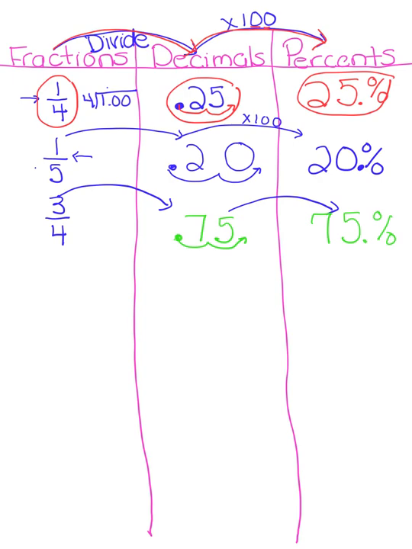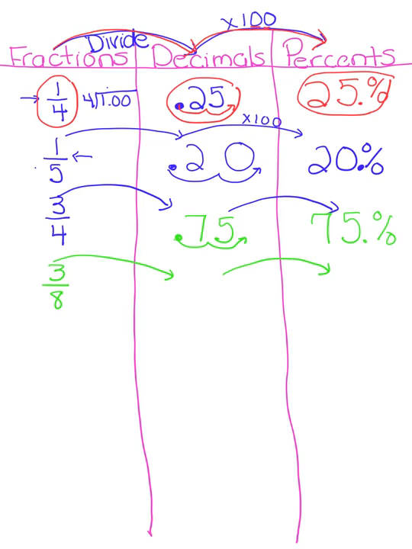Now try this one completely on your own. 3/8, or 3 divided by 8. First convert it to a decimal, then convert it to a percent. Pause the video.